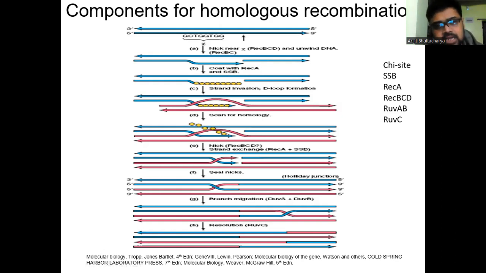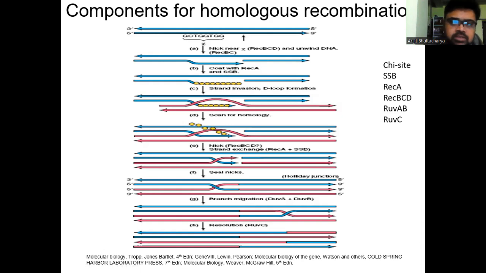But a DNA nick does not immediately result in an invading strand. For that, the strand needs to interact with RecA. So this strand interacts with RecA and single strand binding proteins.